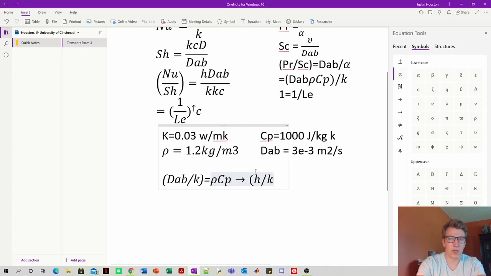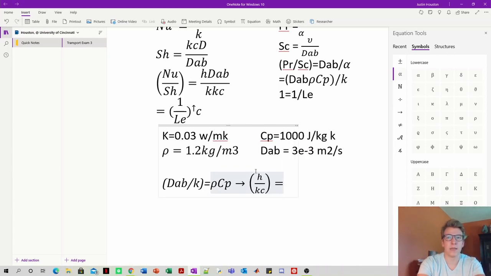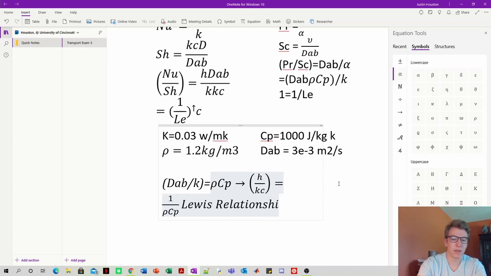This allows us to know that this relationship is then going to be equal to 1 over that rho Cp, which then forms our Lewis relationship. And what is interesting about this is that we have the heat transfer coefficient all over the mass transfer coefficient.